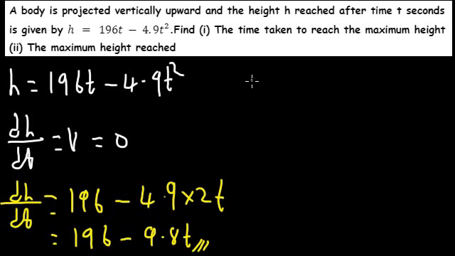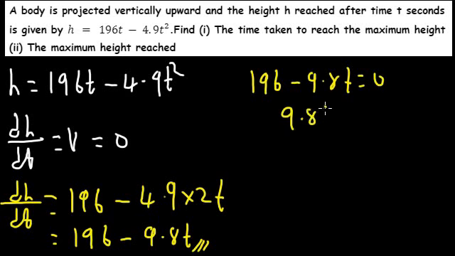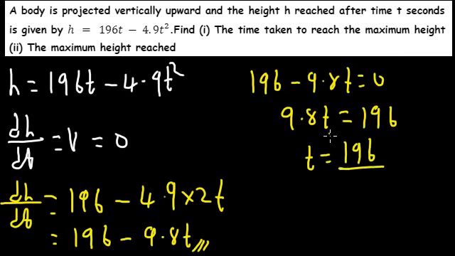So when v equals 0, 196 minus 9.8t equals 0. And then if we take this to the other side, we have 9.8t equals 196. And since the goal is to solve for t, we can divide through by 9.8. Then we have t equals 196 divided by 9.8.